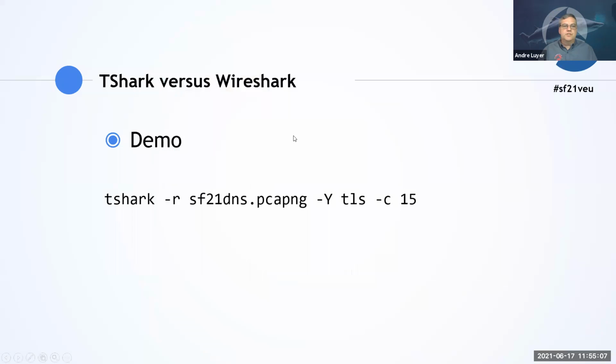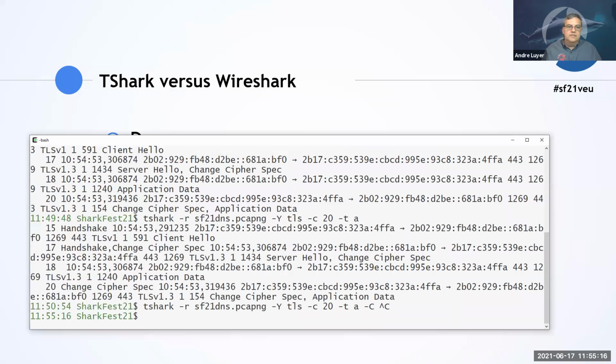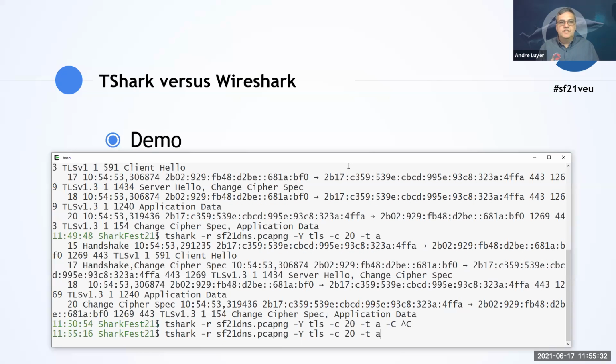Okay, so there are a lot of things you can do with tshark out of the box. Also, you can add options on the command line. You can do that with Wireshark also. And as you can see, Wireshark will automatically save the configuration, but tshark does not. So that's a big difference. To avoid different settings in your analysis, you can use either a different profile or use a different system.